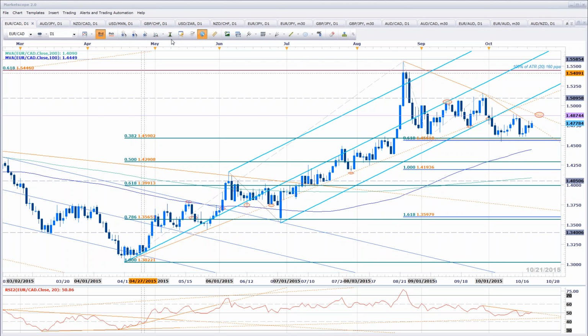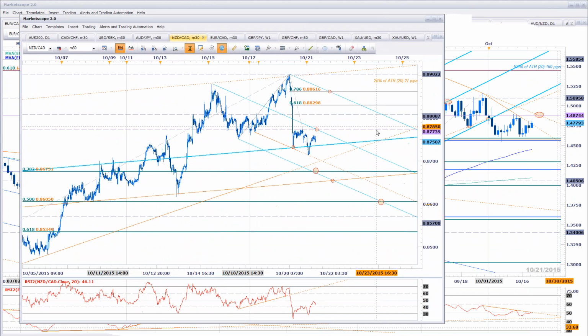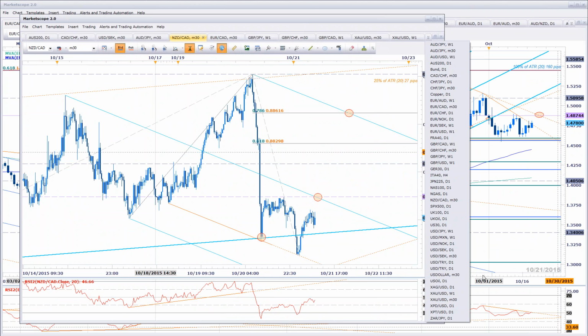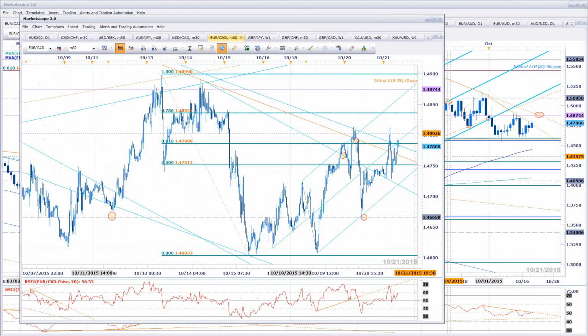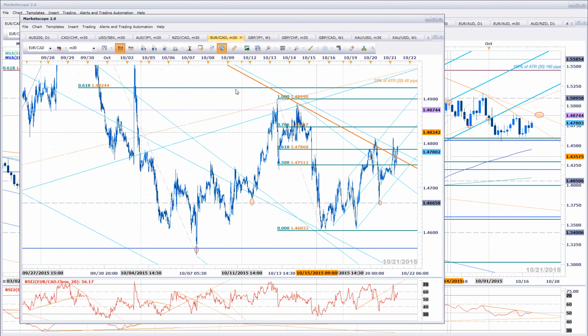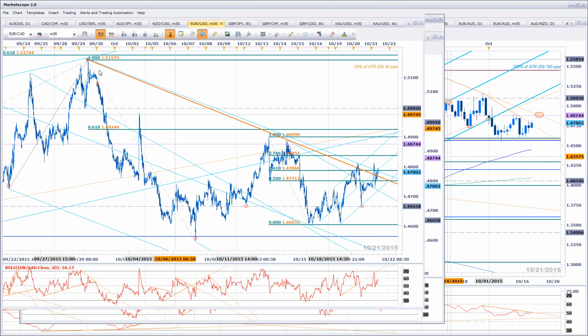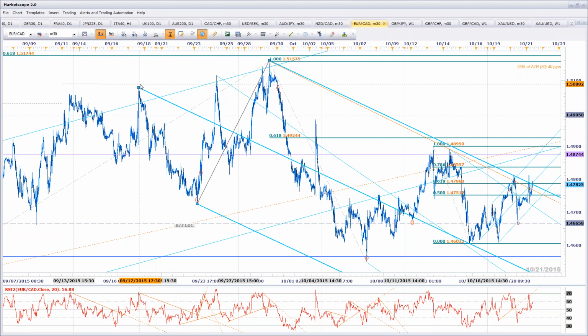So look, the EuroCAD, we talked about this one yesterday. It's still right there where it could still play to the downside. For me personally, I'm a little bit more wary of an intraday position on any type of long side exposure, because yesterday, if you guys remember, we were talking about that basic trendline resistance off the highs, but also that new pitchfork that we were able to identify, off of the September 17th, 23rd, and 29th highs, which caught the exact low last week.